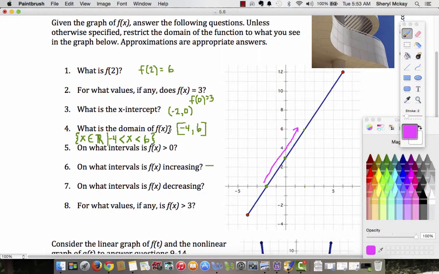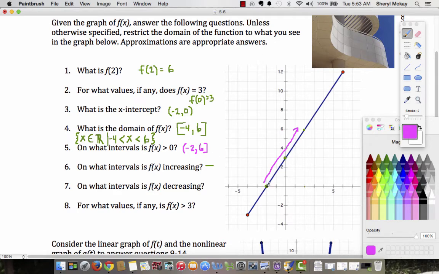So let's go ahead and first mark it using interval notation, shall we? Is it going to include this point, which is -2? No, it's not. So we're going to say f of x is greater than 0 when from -2, but we're not including the -2, until 6, and we'll include the 6. Okay, so that's interval notation.